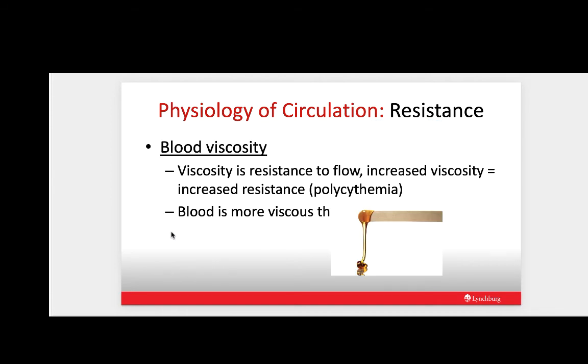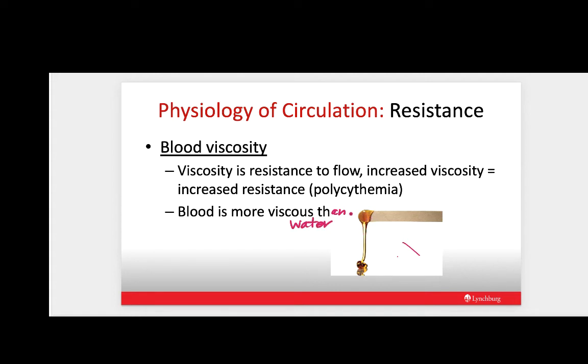This first one is viscosity. Viscosity is basically resistance to flow. If something is more viscous, it does not flow as smoothly, or it has increased resistance. Okay? Blood is more viscous than water. Blood is thicker, kind of like this honey here.